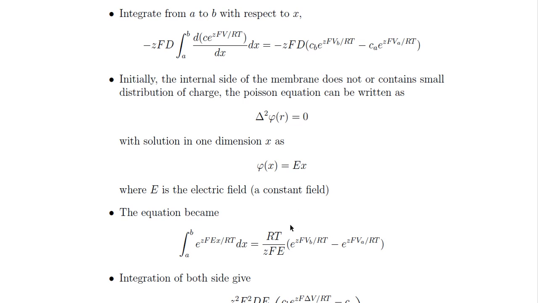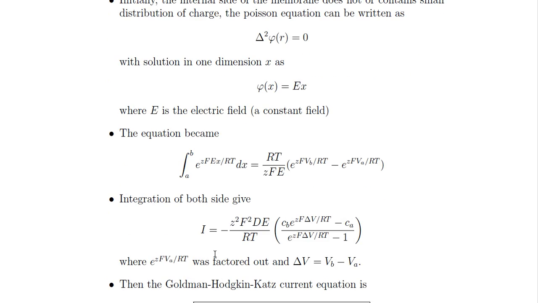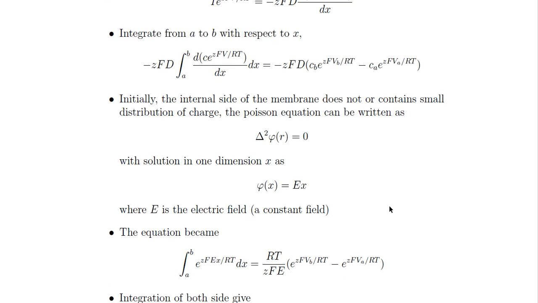Then the equation becomes this, and on integration we get the ionic flux equal to this equation, where E Z F over RT is factored out, and delta V equals V_B minus V_A. So we have the concentration of B, the concentration of A, the difference, and the electric field introduced.